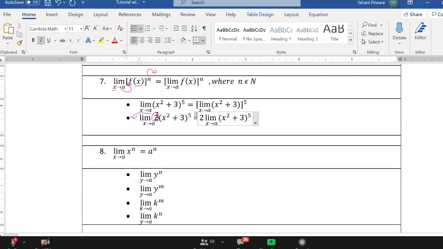I have taken these two outside based on a rule we have discussed earlier.